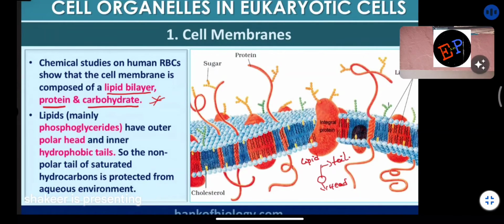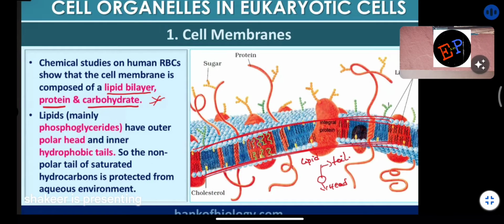Here you are seeing a layer. This total layer is called the membrane of the cell, the plasma membrane. You are seeing some small black structures. They are called lipid bilayers. Proteins are also present, and similarly carbohydrates.